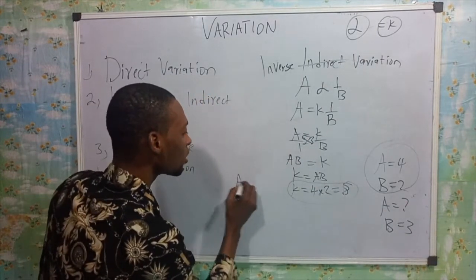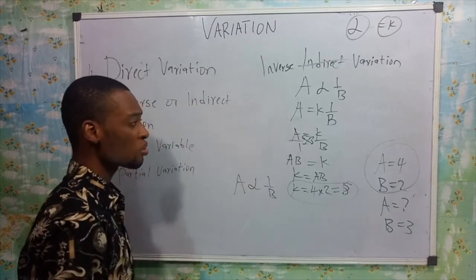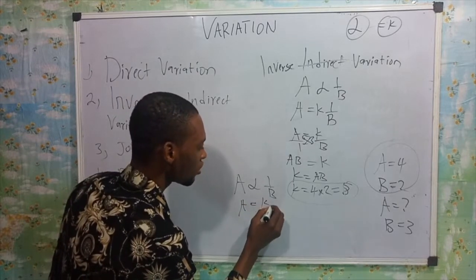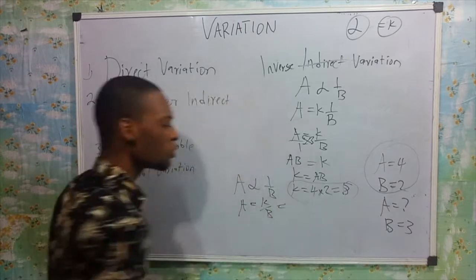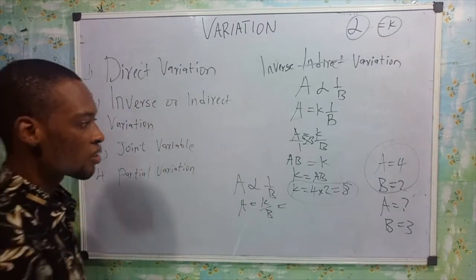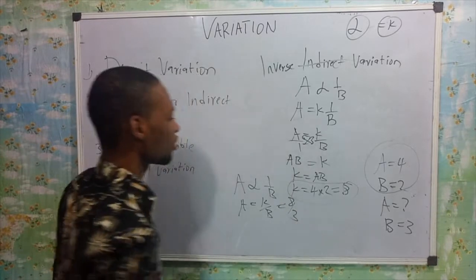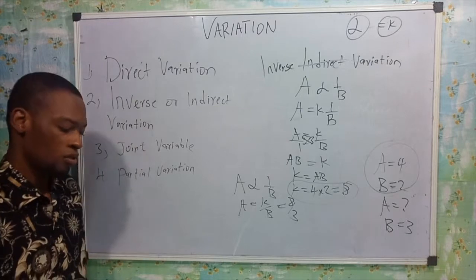We already know that A is inversely proportional to B. We also know that it means A equals K over B. Then we also got K to be 8 and B to be 3. So that's the answer. It's nice, right?